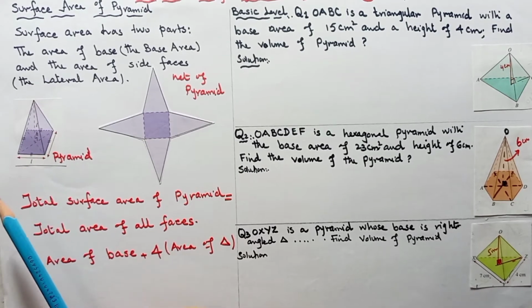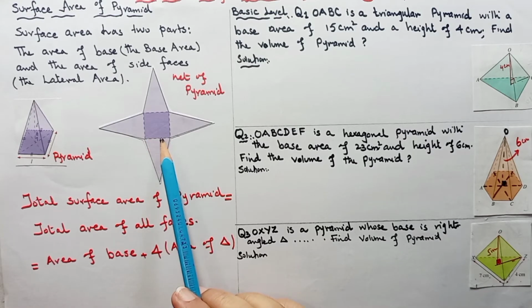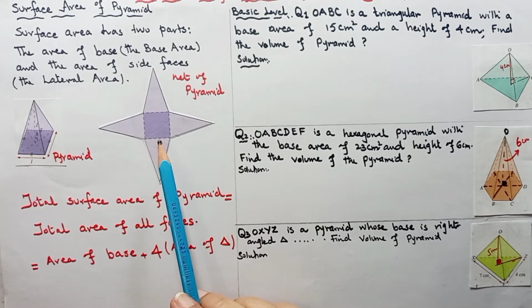In order to find the total area of this pyramid, we have to open this pyramid. We have to draw the net of this pyramid, and I hope everybody knows, my students, that net is the open form of that solid.